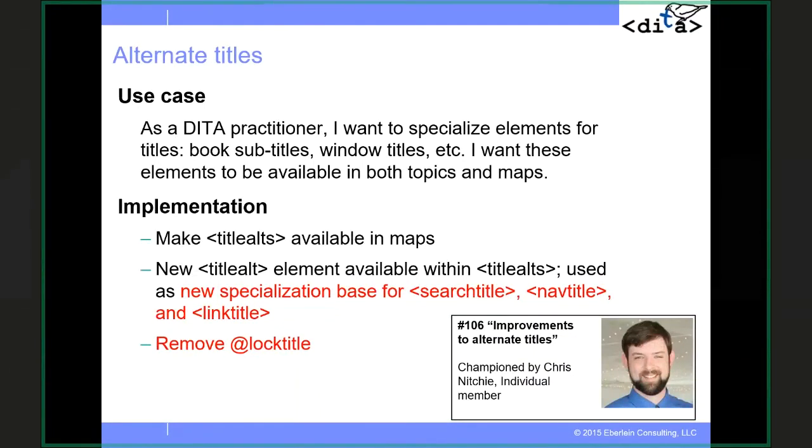This change also removes the lock title attribute. So if you've used that to ensure that the content you provided by a nav title element was used as a navigation title, you'll need to remove that from your source.